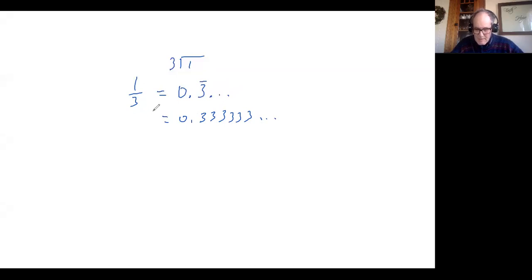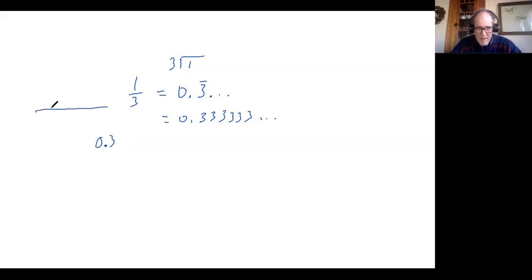So I said, well, let's look at the distance between 1/3 and approximations of 1/3, and see what that distance or that error is. For instance, suppose I use 0.3 to approximate 1/3. Well, then how far is 0.3 away from 1/3?